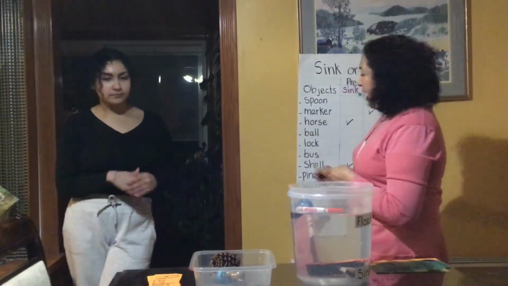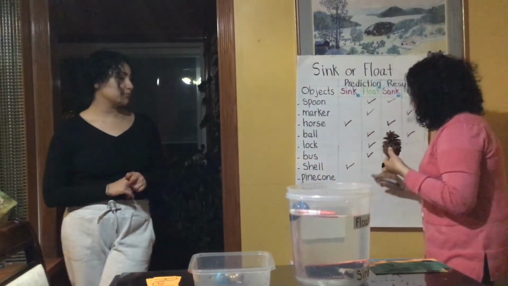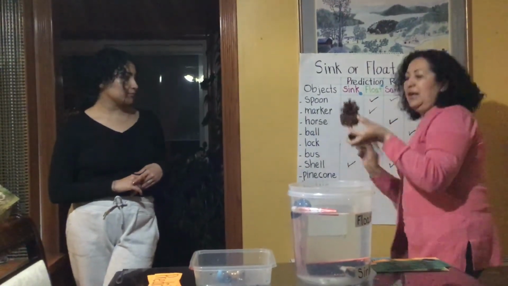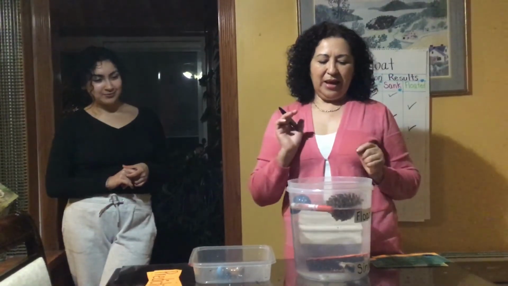And the next one we have is the pine cone. Float. So Amy says it's gonna float. Okay, now we test, we put it in the water. Okay, and look, the pine cone stays above the water. It's floating in the water.